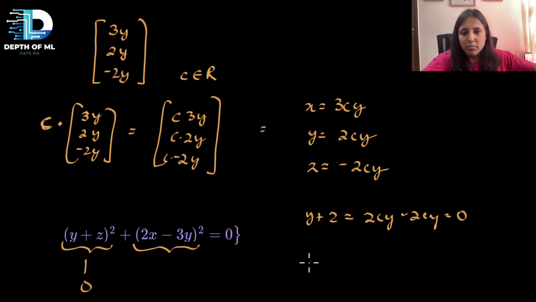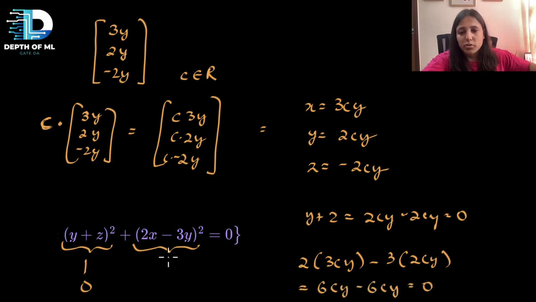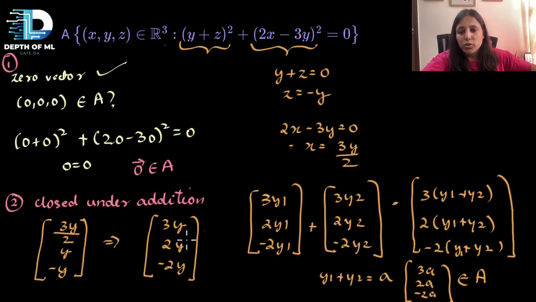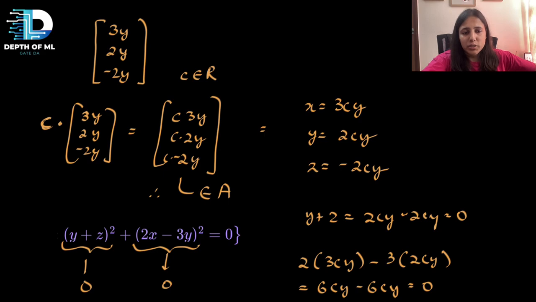Now I have to do 2 times x, which is 3cy, minus 3 times y, which is 2cy. So this is 6cy minus 6cy, which is equal to 0. So this also became 0, right? This equation is satisfied by this vector. Therefore, this belongs to A. So this is closed under scalar multiplication as well.